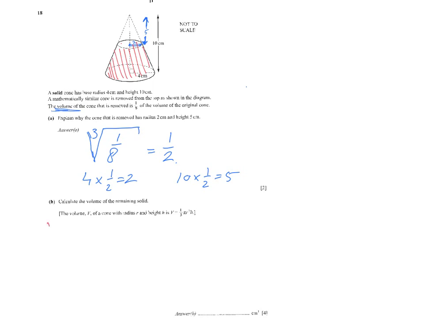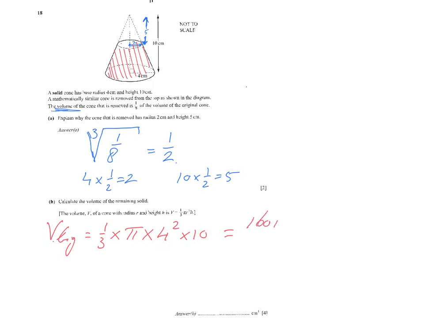What I'm going to do, I'm going to say V big, so that's of the big original cone. Again, there are several ways of doing this. 1/3 times pi times that one had a radius of 4 and a height of 10. And if I work that out, and I'll leave that in terms of pi, what is that? 160 over 3.